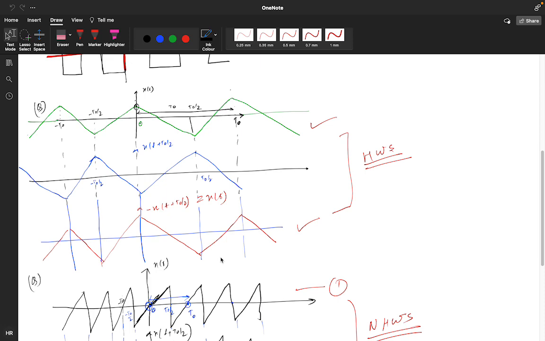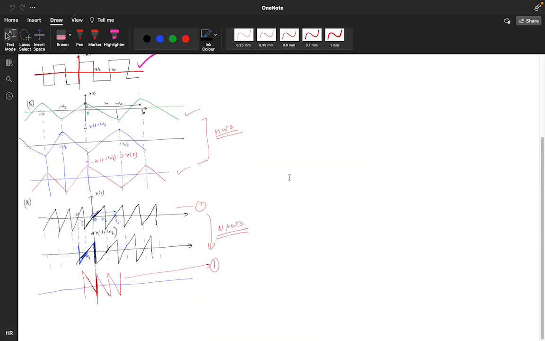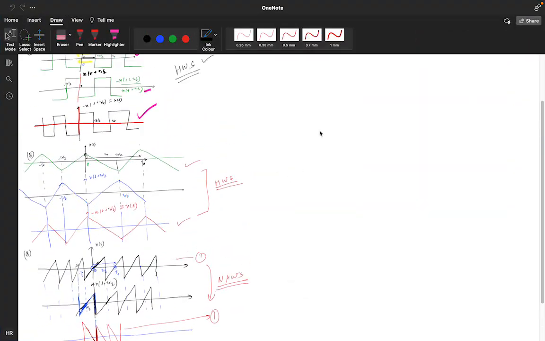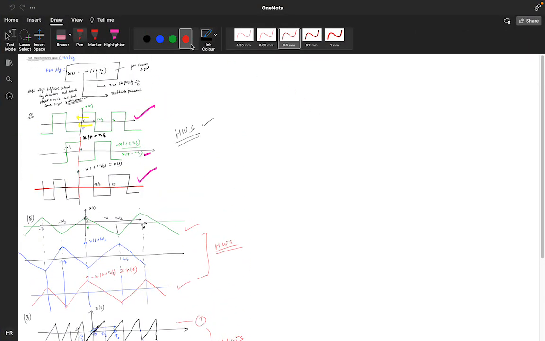So write some important points for half wave symmetric signal.